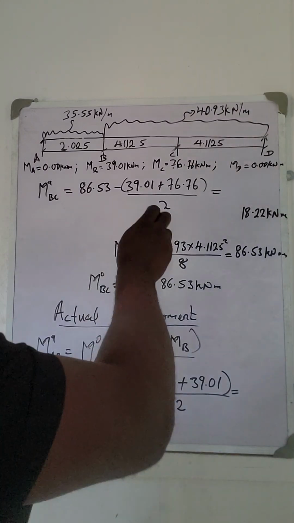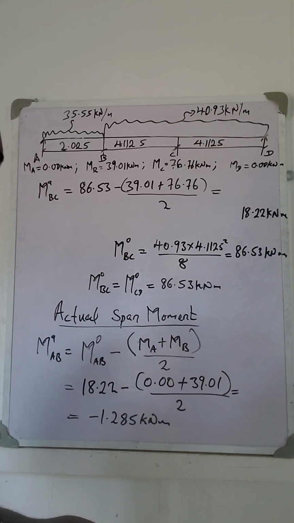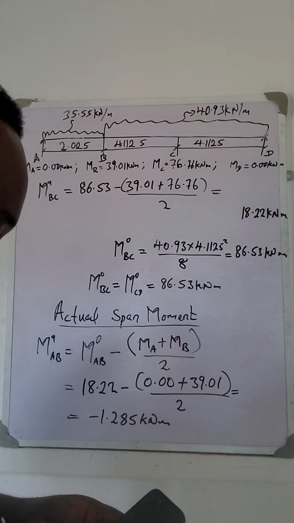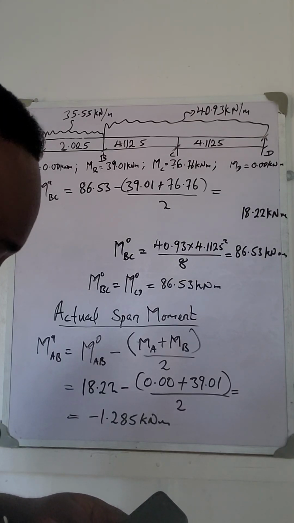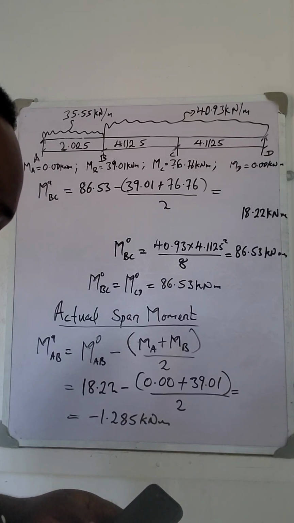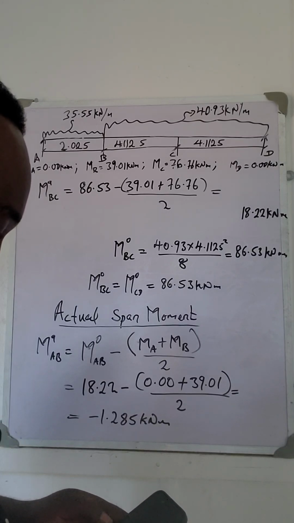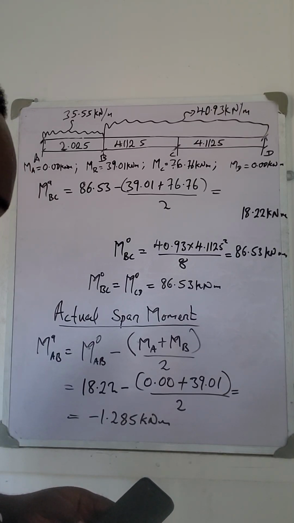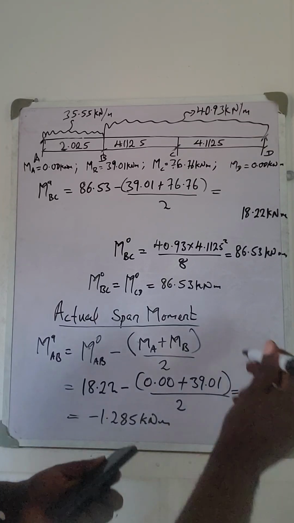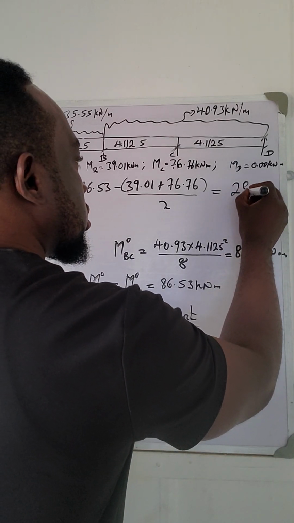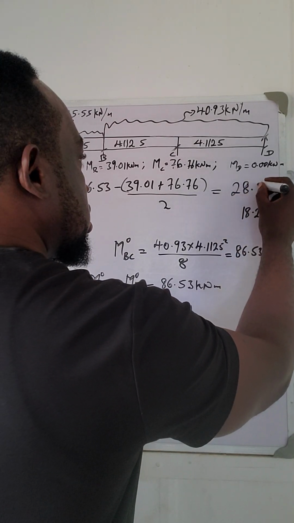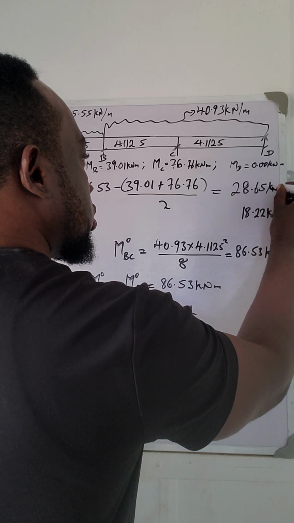So when you compute this, we're going to have 39.01 plus 76.76 divided by 2 minus 86.53. This one will give me 28.65 kilonewton meters.